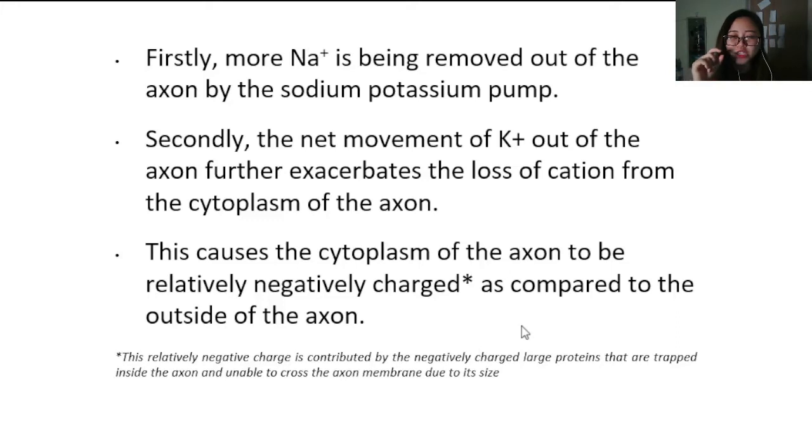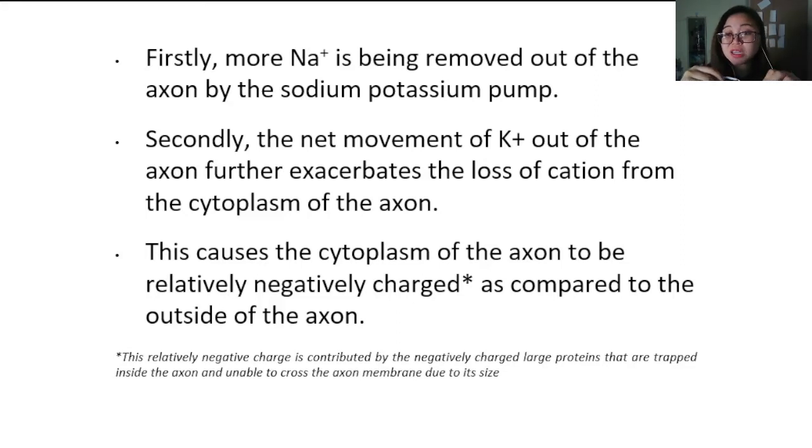There's also another smaller factor in that there is a relatively negative charge contributed by the negatively charged large proteins that are trapped inside axons and are unable to cross the axon membrane due to its size. So kebanyakan the bigger reason, okay, sebab yang lebih besar kenapa membrane potential ini negatif adalah disebabkan pergerakan potassium ion dan sodium ion.